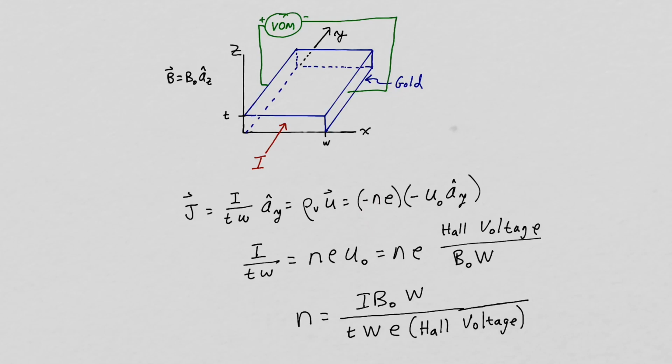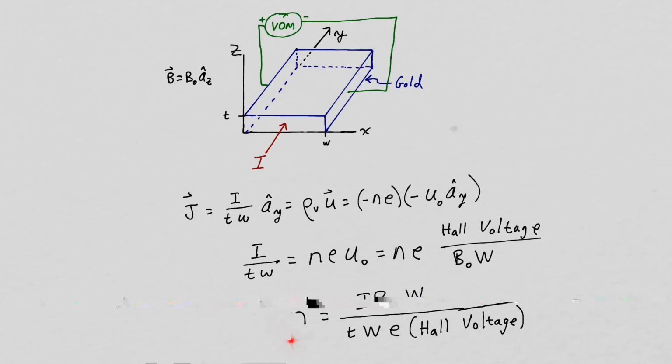And we know they're moving in the minus y direction with the velocity u sub 0. We just saw that this velocity can be determined by the measured Hall voltage divided by the magnetic field intensity and the width of our sample. So then we can solve for our density of conduction electrons.